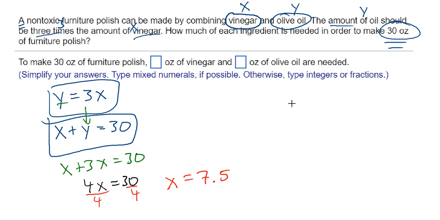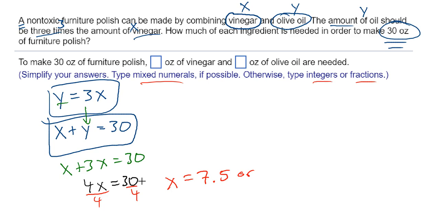Now, if you're cooking or whatever, when you're doing ingredients, decimals are sometimes pretty handy to have. So 7.5 ounces would be a good way to describe that. But the directions here say type as mixed numbers if possible, otherwise integers or fractions. So it doesn't want a decimal answer, unfortunately. So instead of writing it as 7.5, which is what you would get from your calculator, reduce this fraction.